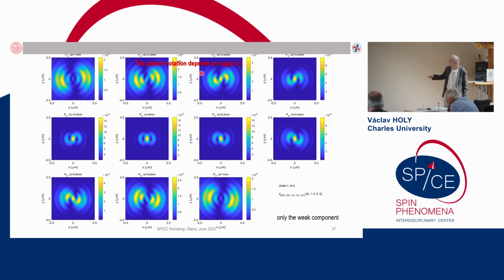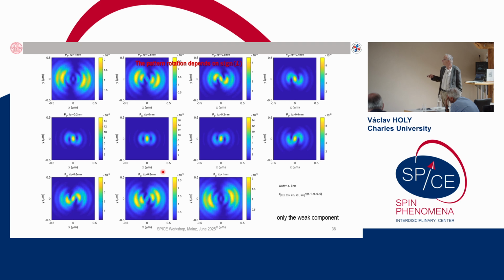You can see that depending on the position of the xy plane with respect to the focus of the lens, this is in focus, this is in front of the focus, this is behind the focus. The displacement is in millimeters, this is 0, this is 1 millimeter behind the focus, so it's quite tiny. So this is the weak component.